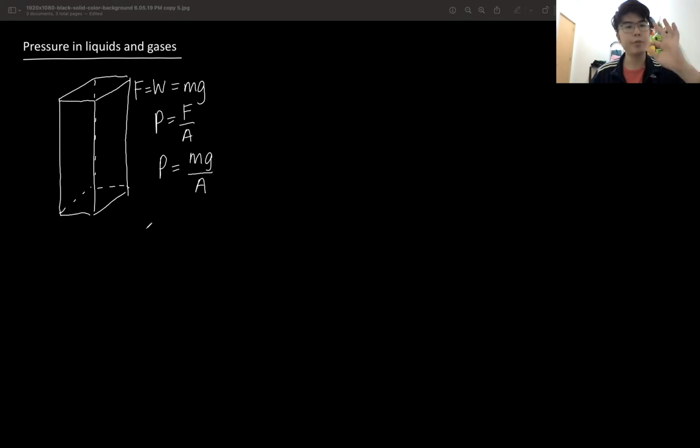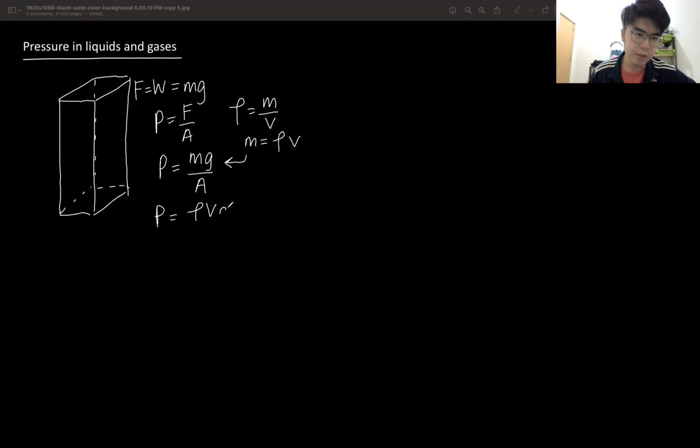Also, I know the density of liquid is mass per unit volume. So mass equals density times volume. Again, I put it here. I get pressure equals rho V g over A.